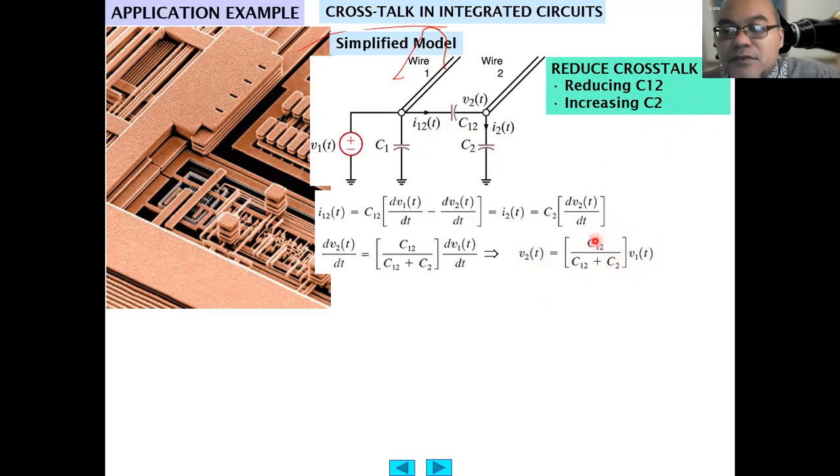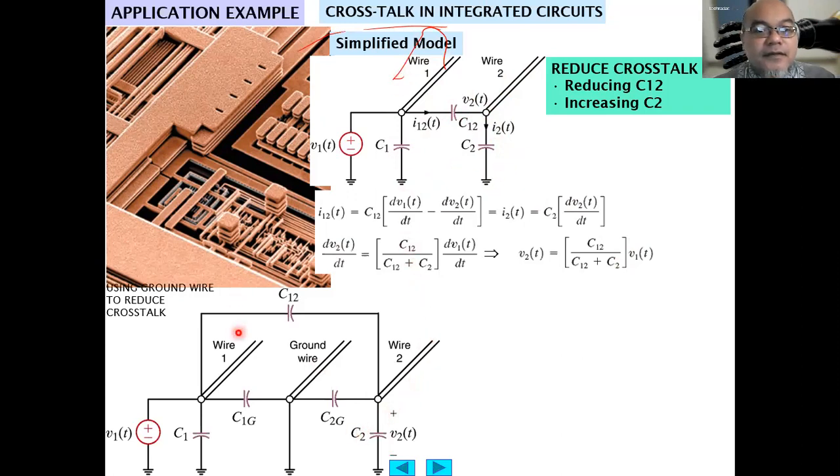Otherwise, we reduce C12 and that also makes this term smaller. Or do both: the capacitance between the two wires is made smaller, but the capacitance from the wire to the ground is made larger.